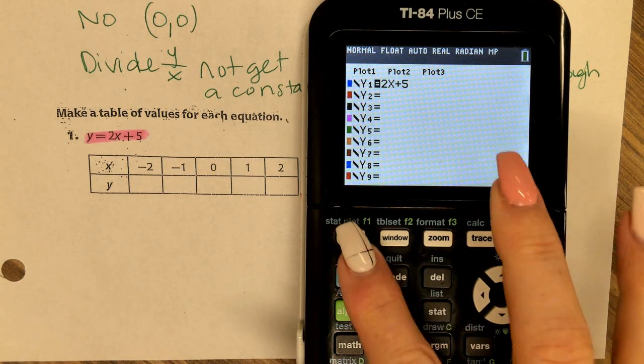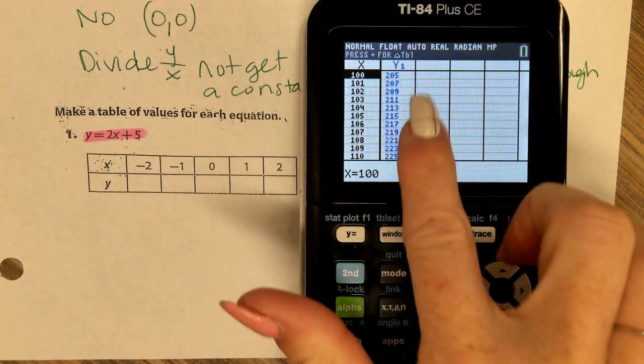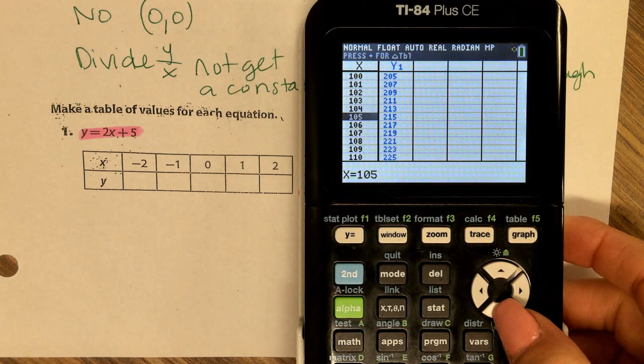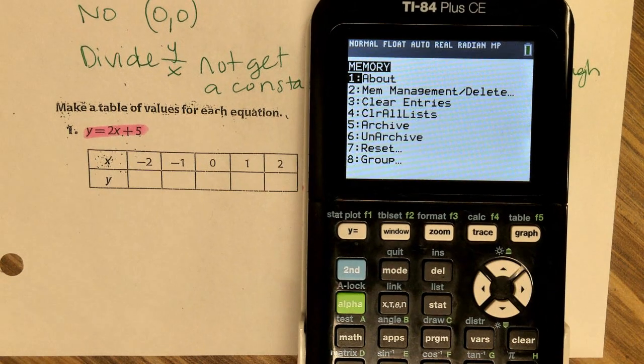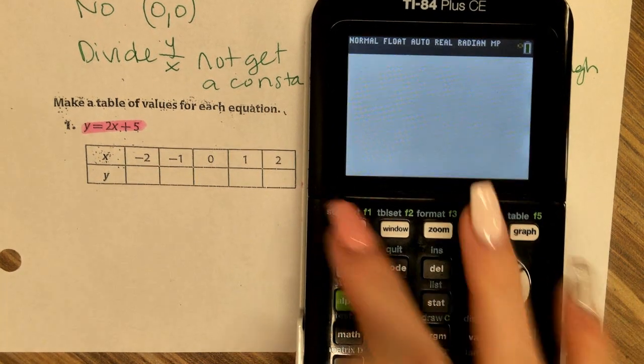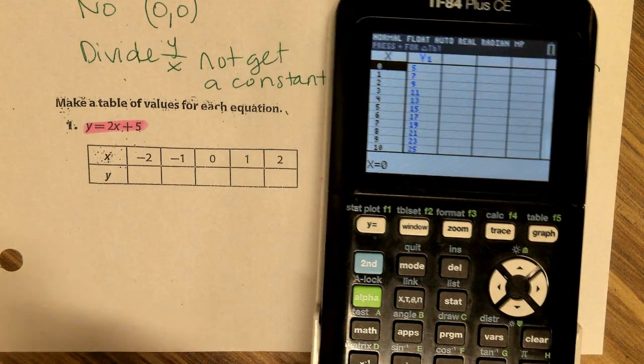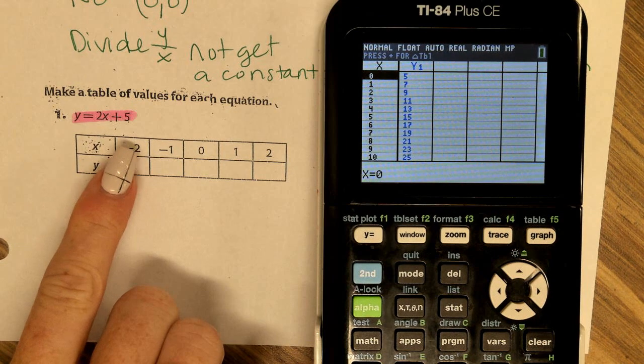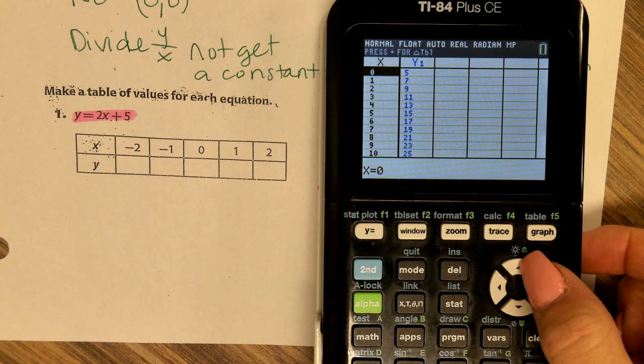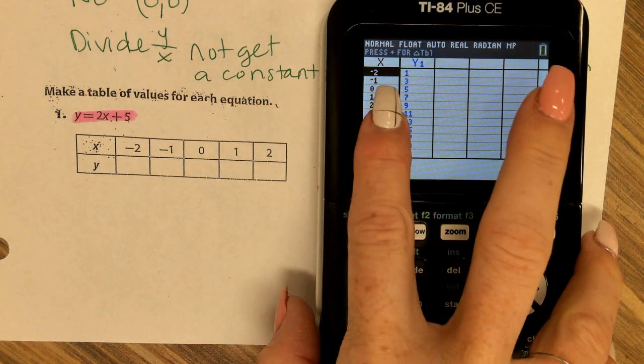So you're going to hit second graph, and it's going to take you to a table. Go to the table, and you are going to find when x is negative 2. So arrow to when x is negative 2.